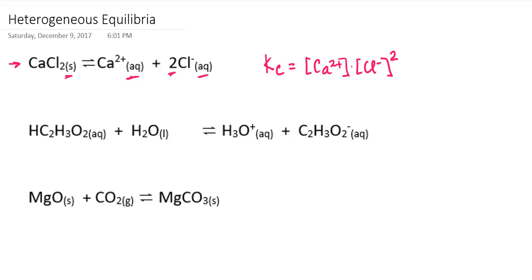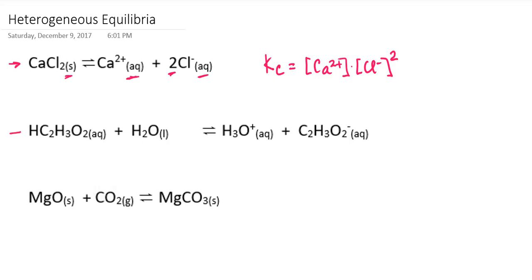Normally, I would include the concentration of the reactant, but this reactant is in the solid state. And as I said, anything that's a pure solid, or anything that's a pure liquid, would not be included in the equilibrium constant expression. And so I would not include it for this particular equilibrium constant.